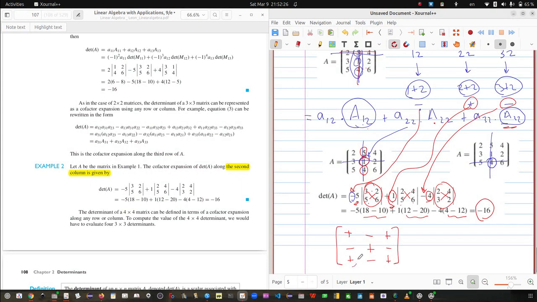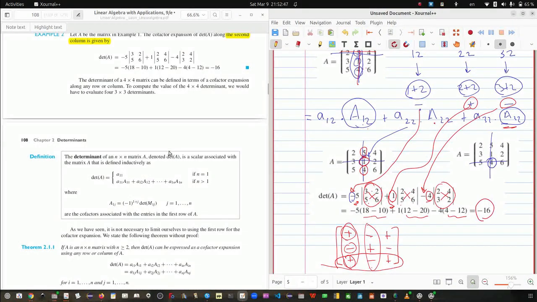So if you take this column, for example, the first part of the calculation will be positive, then negative and positive. If you choose this row, positive, negative, positive, and this column which we already did, minus, positive, negative. That's the way it goes.